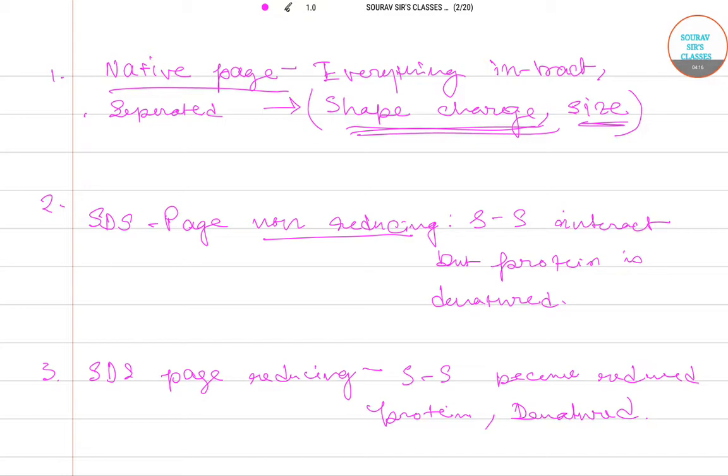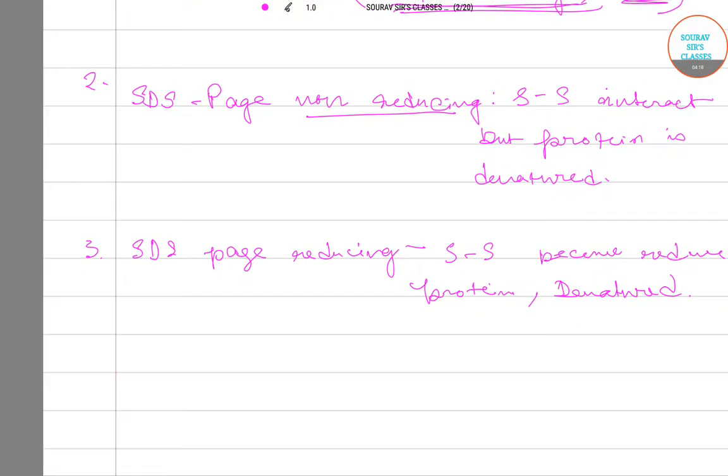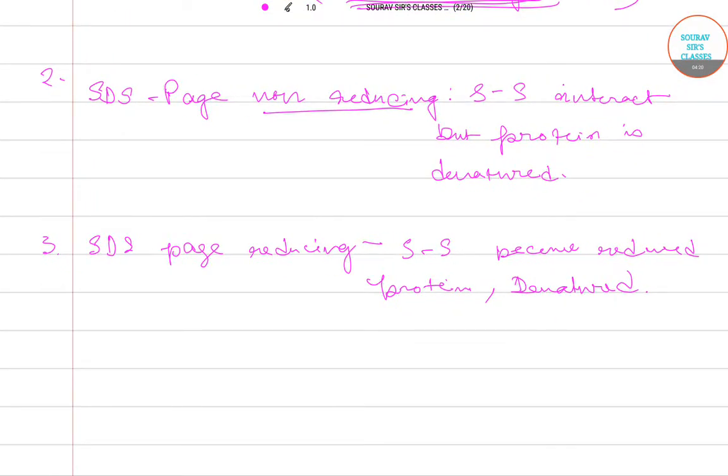So in a native gel, you don't denature the protein at all. So the 3D shape in the native PAGE becomes an important determinant of how the protein migrates.